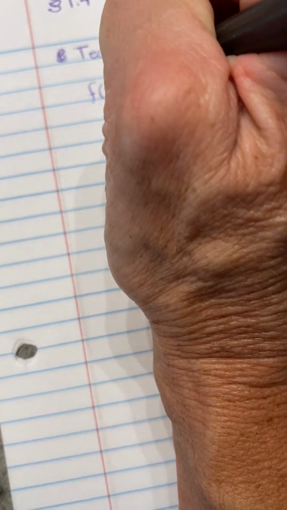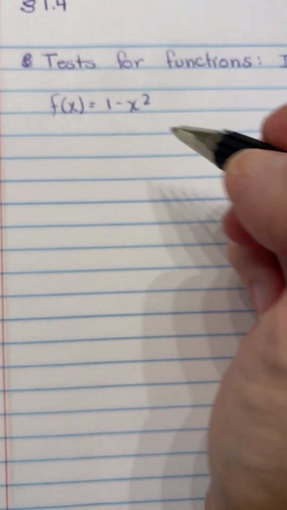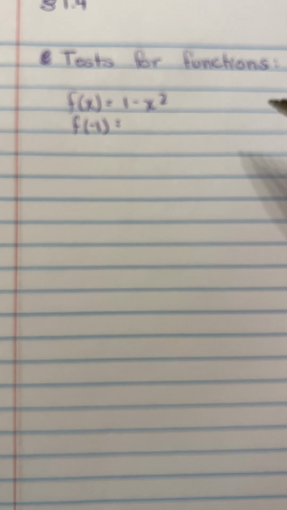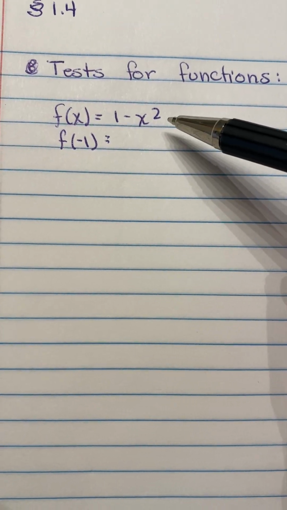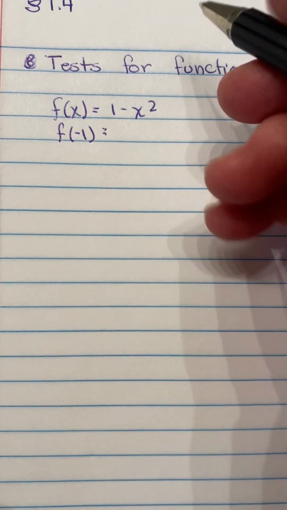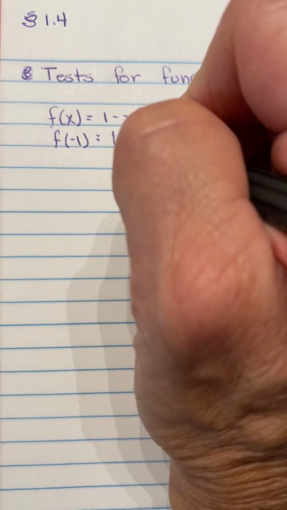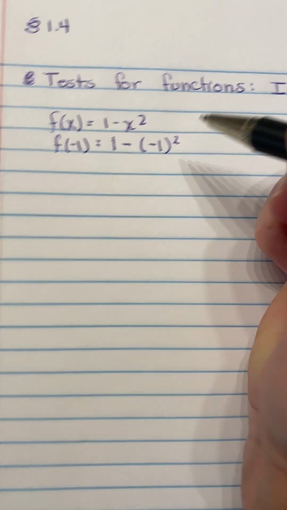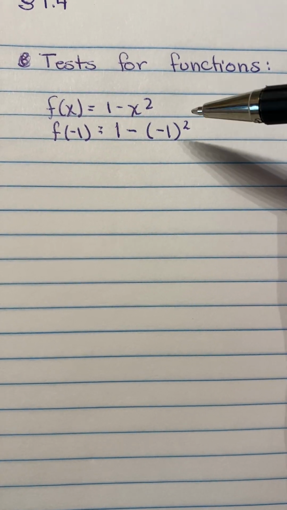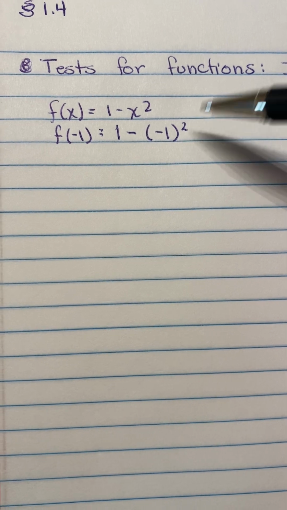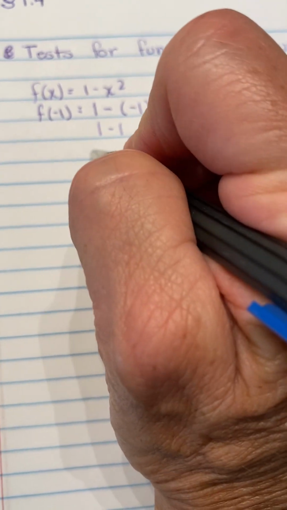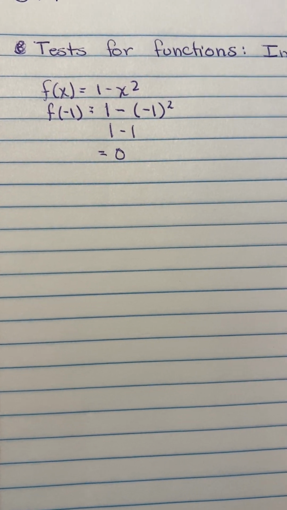If we have a function defined for us as 1 minus x squared, and we wanted to find the value of f of -1, that means we replace the x no matter how many times it occurs with a -1. And be careful, when you are squaring a negative number, you always want to keep that in parentheses. So -1 quantity squared is a +1. So the value of f of -1 would be 0.